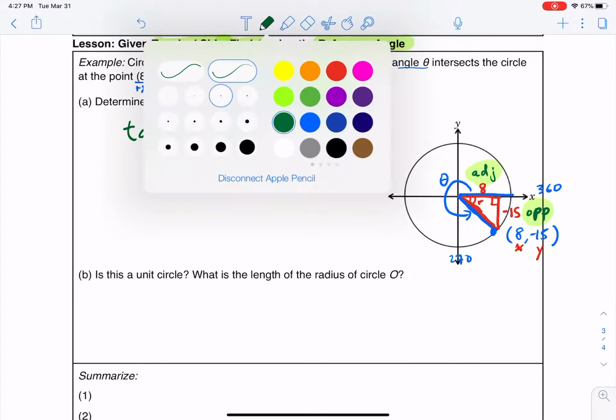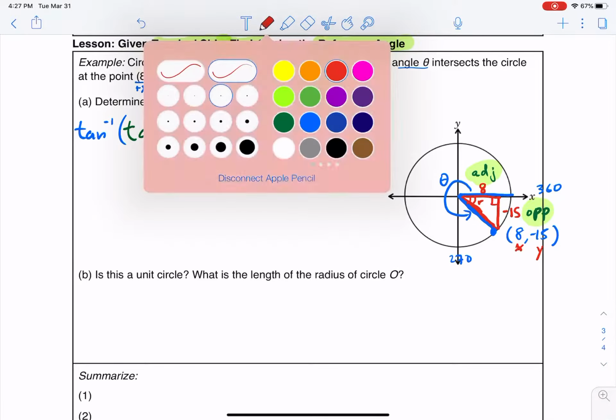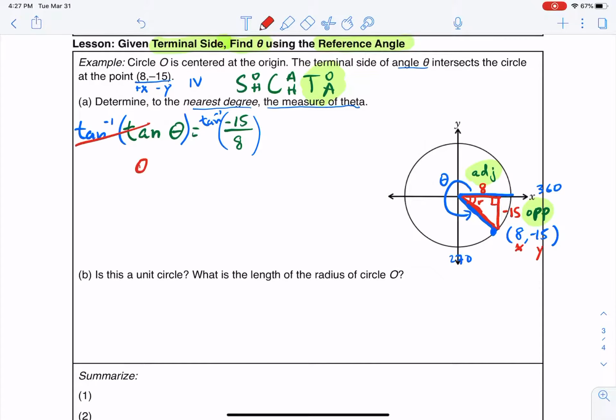All right, to solve a problem where we're trying to find the angle, we need to use the inverse tangent. So I'll do that to both sides. So on the left side, I'm left with theta equals tangent -1, or inverse tangent of -15 over 8.